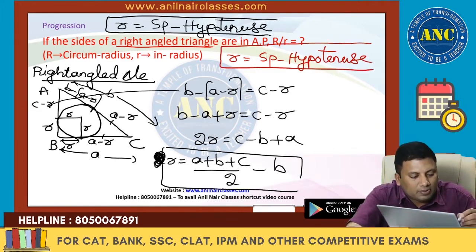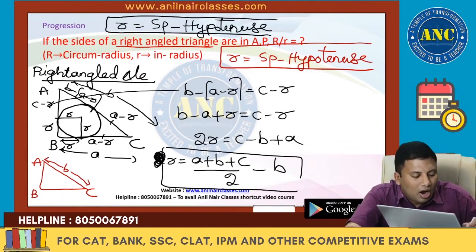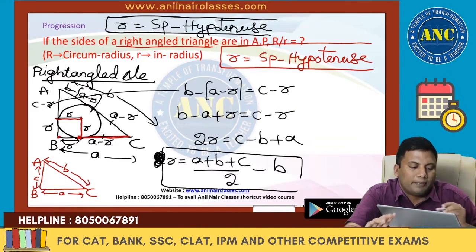Second time I am explaining. Suppose there is a right-angled triangle like this. This is A, this is B, this is C. Opposite to capital B is the side small b. Opposite to capital A, it is small a. Opposite to capital C, it is small c. This is the incircle. This is the inradius. So from here to here r. Total it is A, so this will be A minus r.